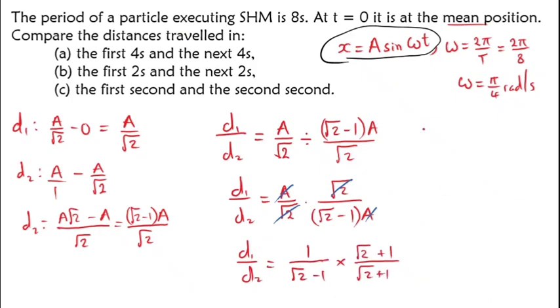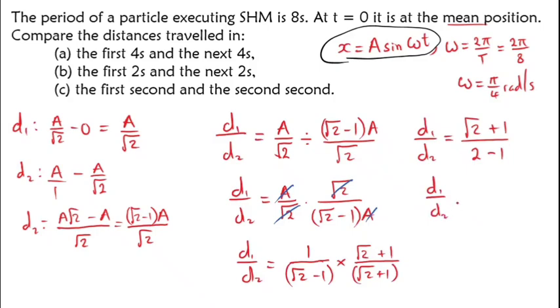So this means that d1 over d2 is equal to root 2 plus 1 over 2 minus 1. If we multiply the two brackets in the denominator, it will just reduce to 2 minus 1. So d1 over d2 is equal to root 2 plus 1.